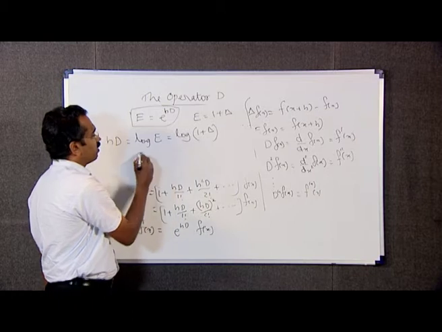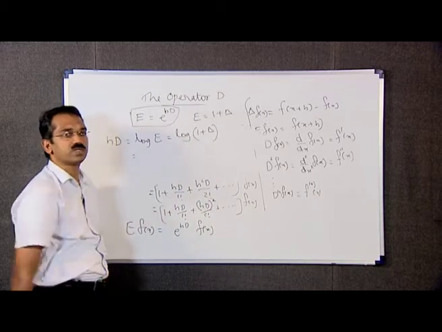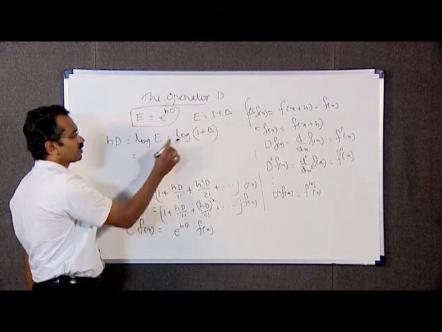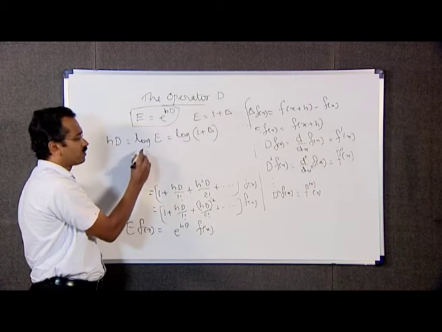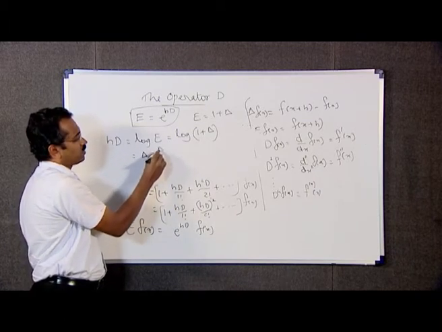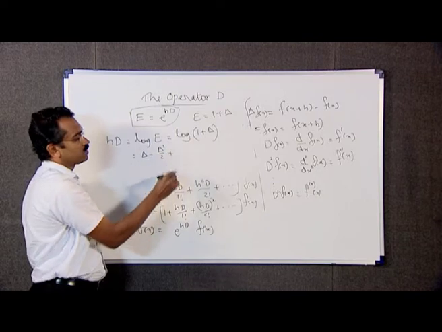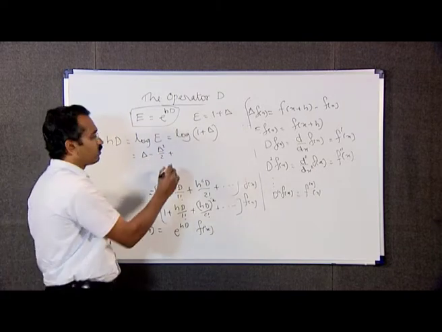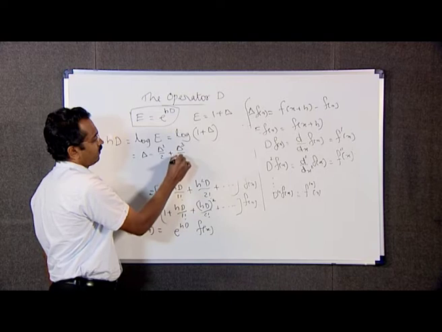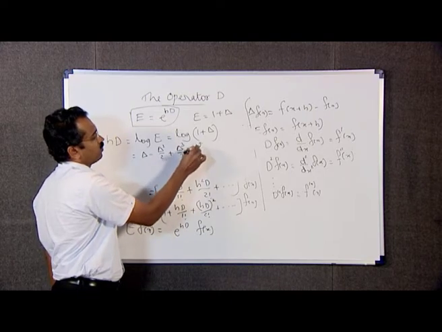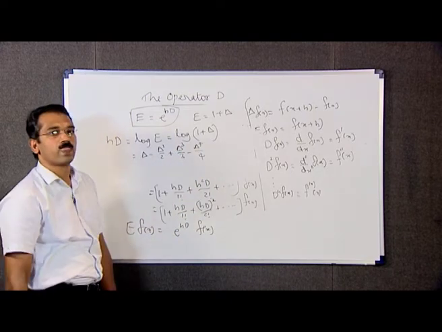By the expansion of log 1 plus delta, this is equal to delta minus delta square by 2 plus delta cube by 3 minus delta raised to 4 by 4 plus etc.